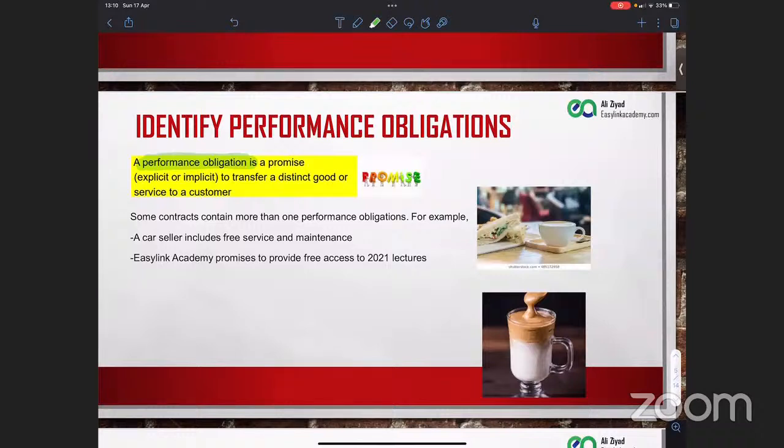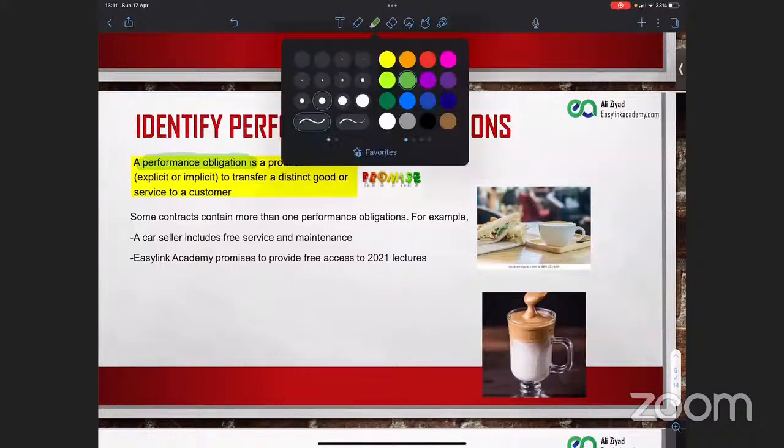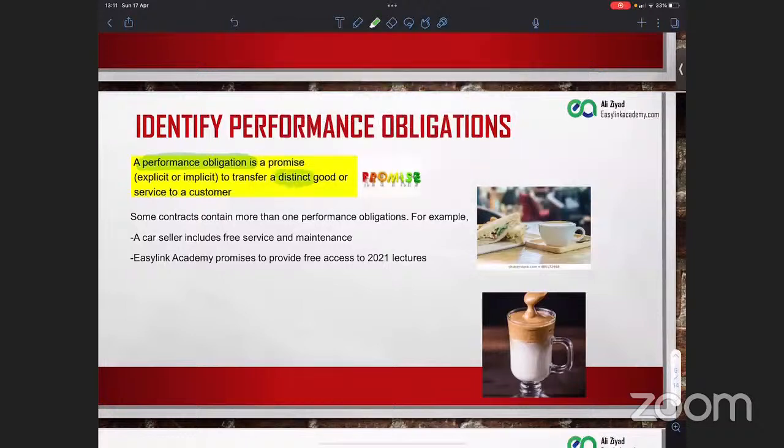Then your next question is, does Dialog sell talk time, data, and SMS packages separately? Yes, they sell SMS separately, talk time separately, data separately. So although this package gives you 3 promises, you need to know these 3 promises are distinct.